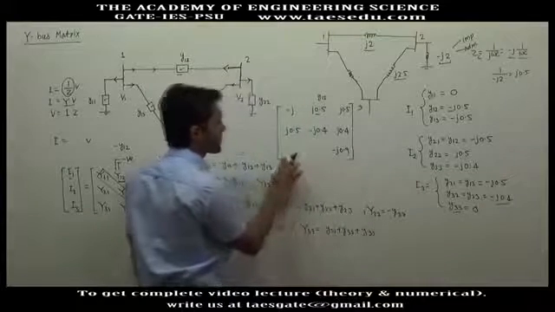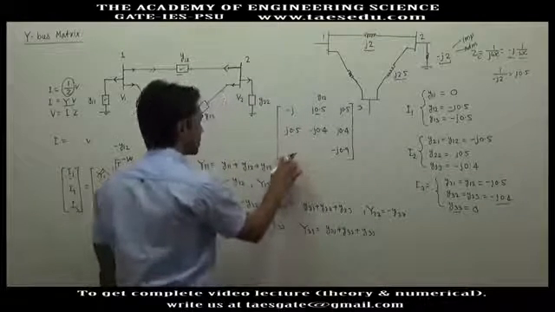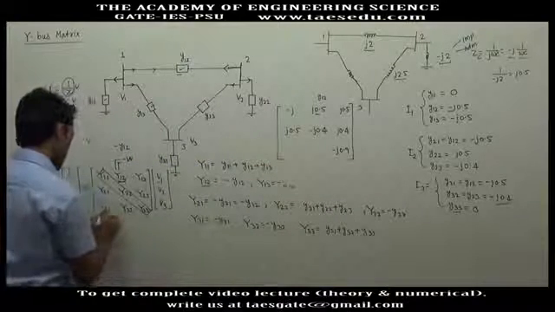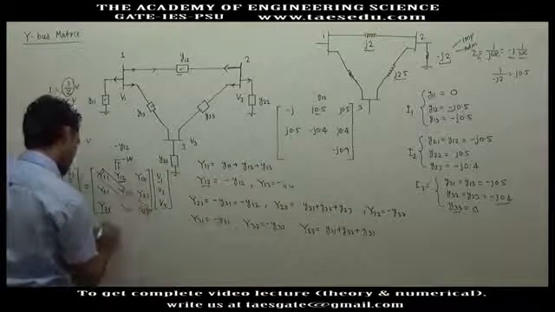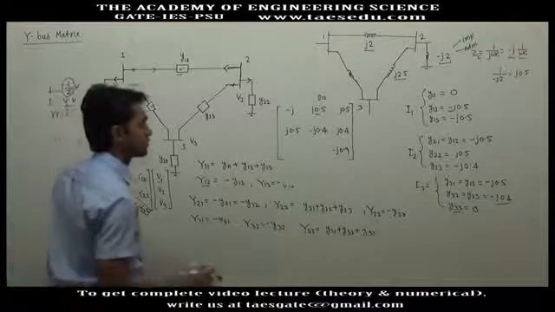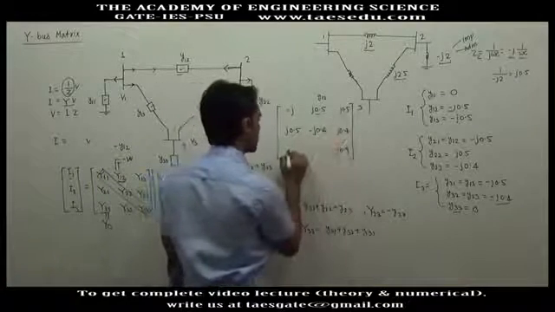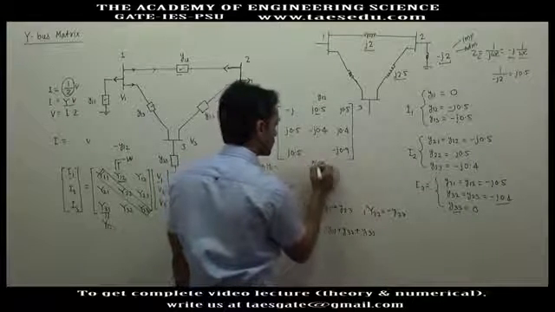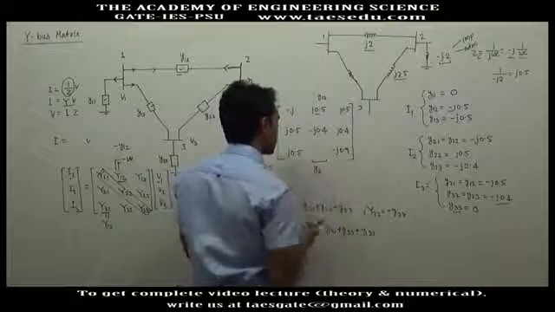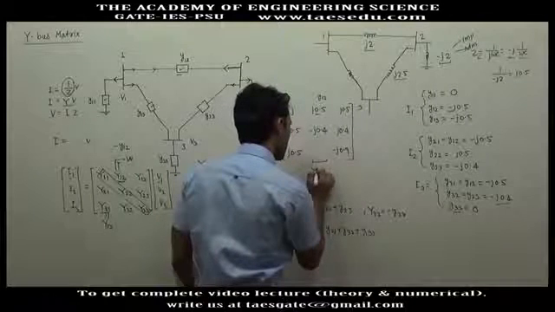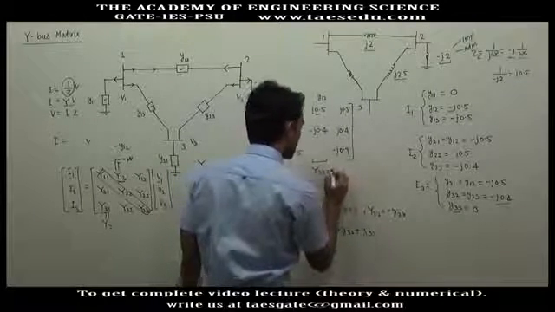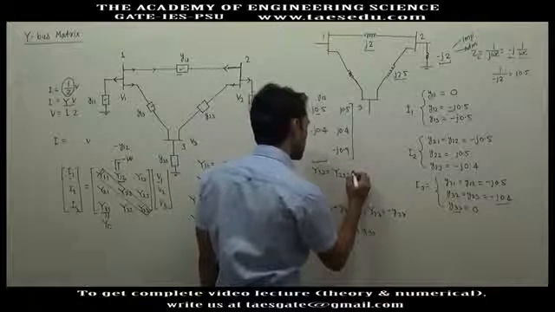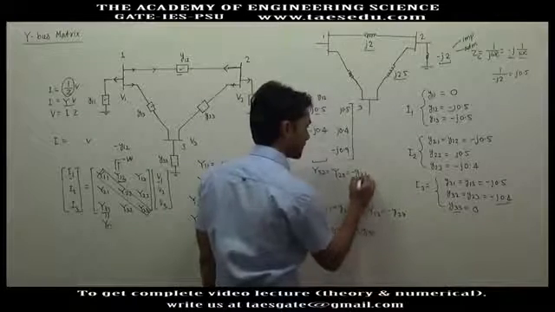Here you have Y31, which will be equal to Y13. Capital Y13 is j 0.5. And here you have capital Y32, which is nothing but capital Y23, the negative of small y23.